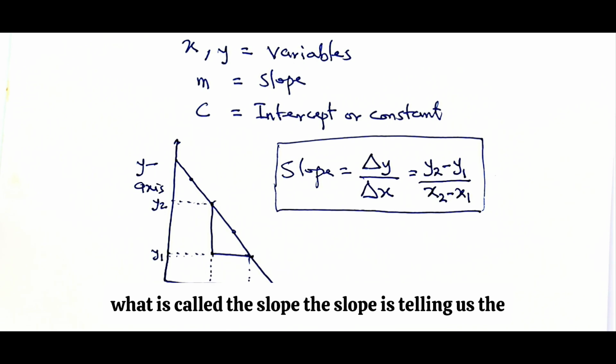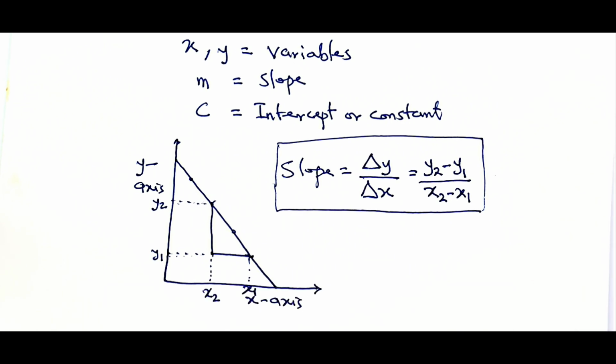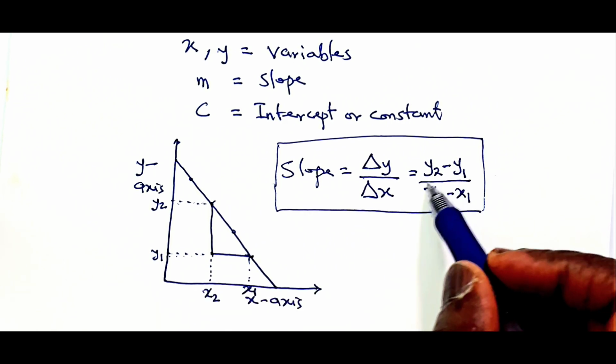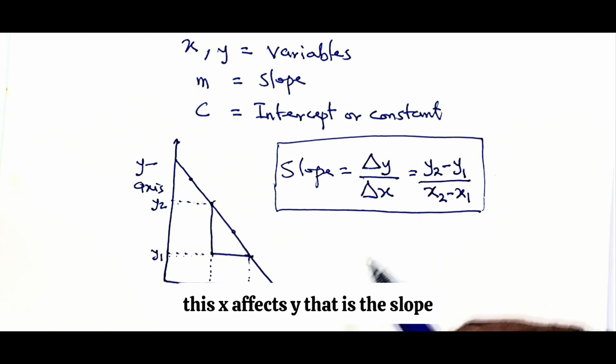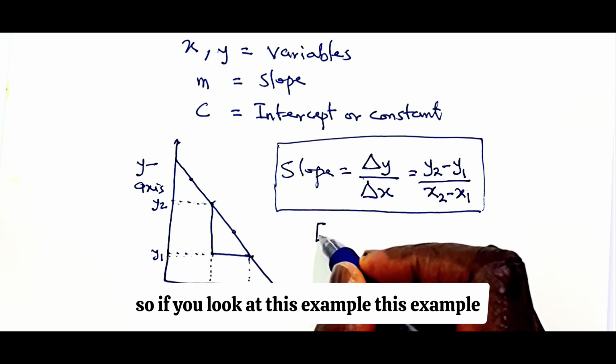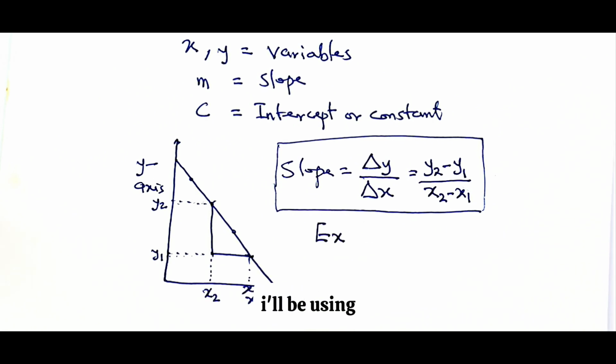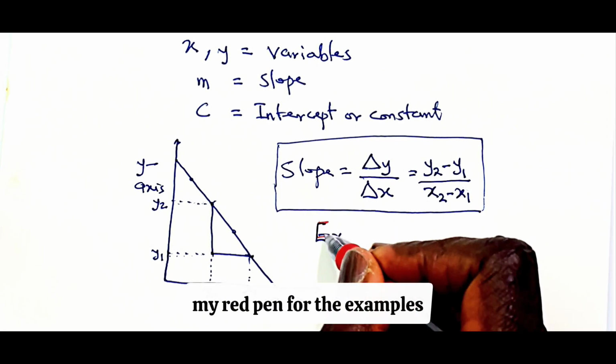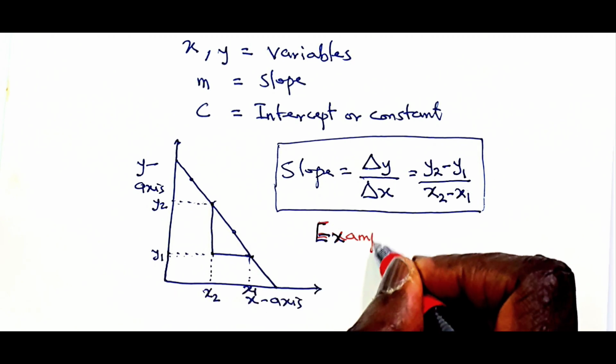The slope is telling us how much x affects y. That is the slope. So if you look at this example, I'll be using my red pen for the examples.